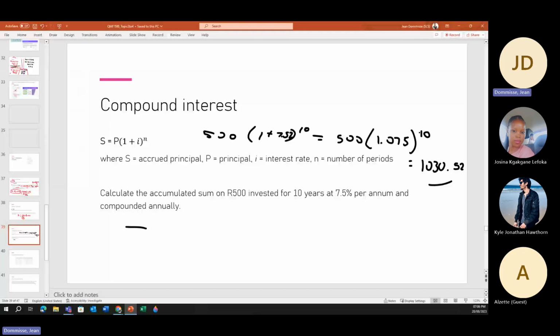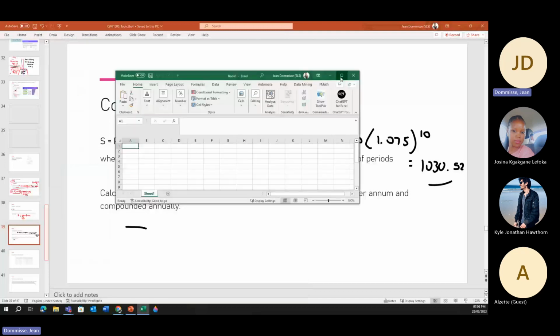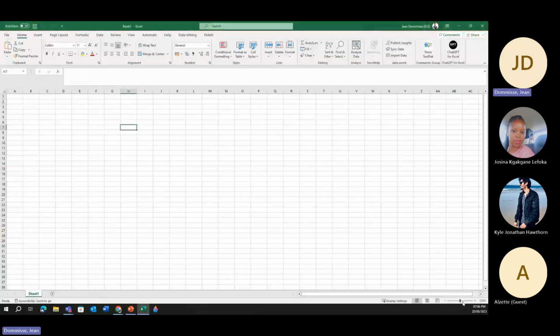Okay, so if I say that to the power of 10 times 500, that is how we will get to the S. Okay, so let me quickly show you in Excel, because this now is a simpler question. Let's do something like this in Excel.